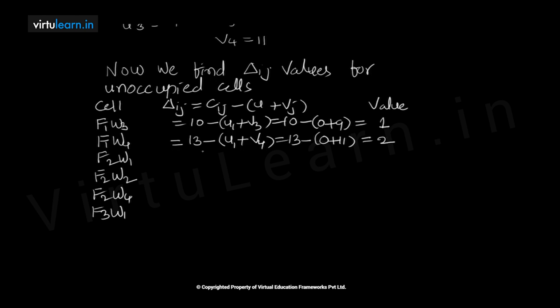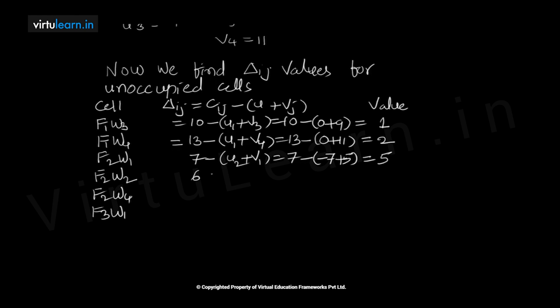Then F2W1 cost is 7 minus U2 plus V1, is equal to 7 minus, in brackets, the U2 value minus 7 plus the V1 value 5, which gives us 5.